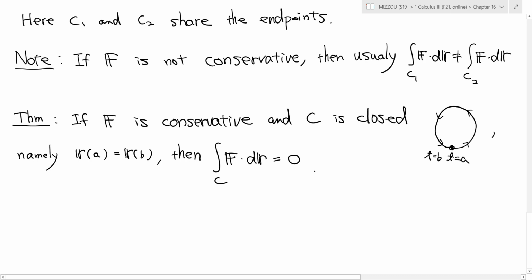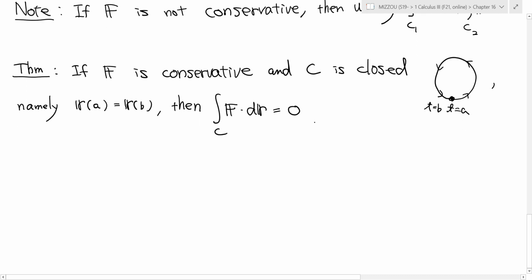Okay, so that means it is good to know what kind of vector field is conservative. Let me just note, remember, line integral is physically a work done on a point moving in the force field, so to speak.